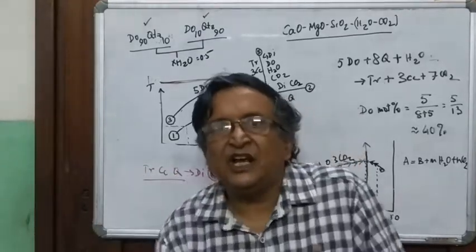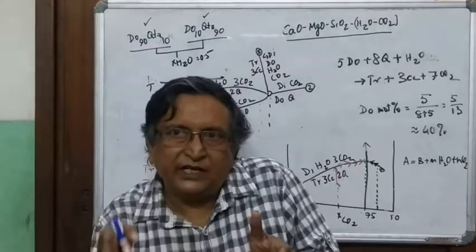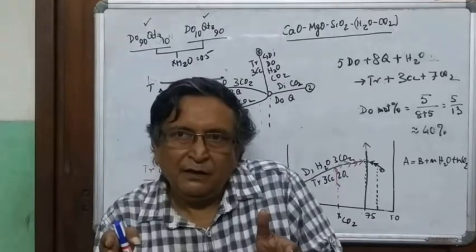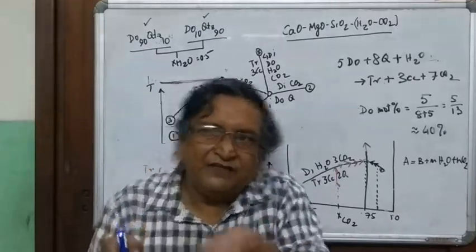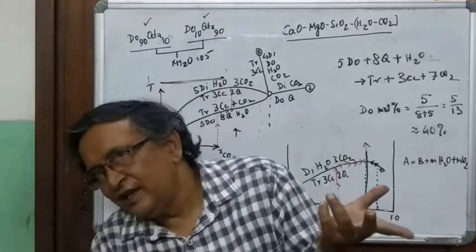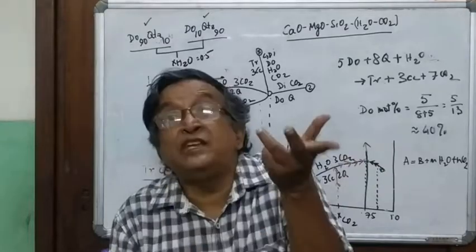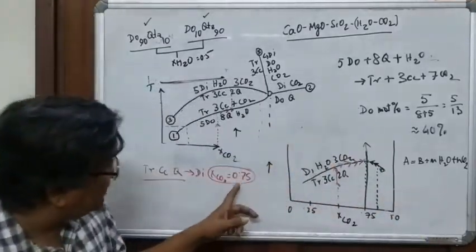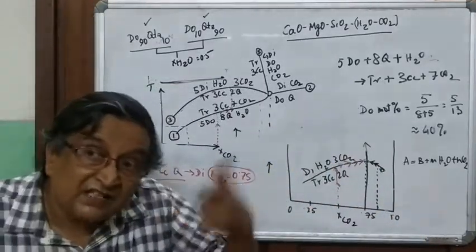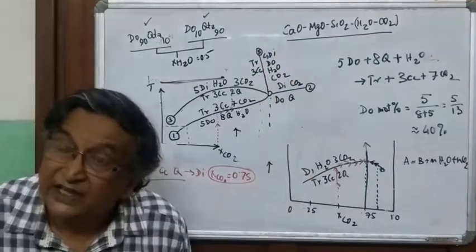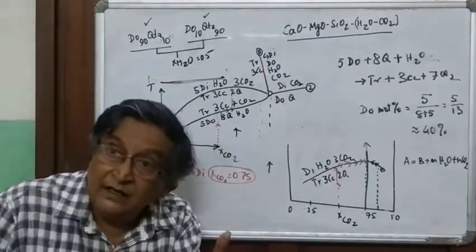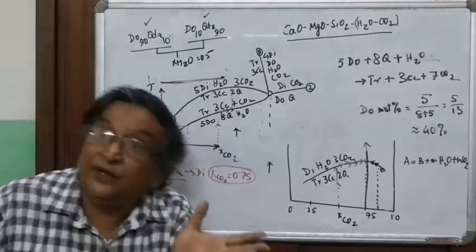So you're essentially fluxing the carbonic rich fluid with XCO2 0.75, which is more hydrous. Have you understood it? It's more hydrous. Numerically, it is more hydrous, although it's very highly carbonic, but not as carbonic as higher than 0.8. It's less than that. So you're hydrating the fluid.